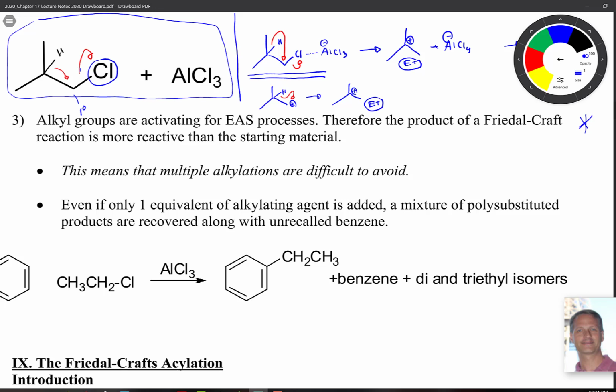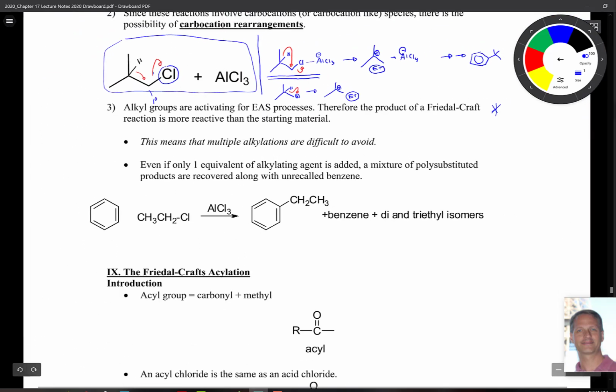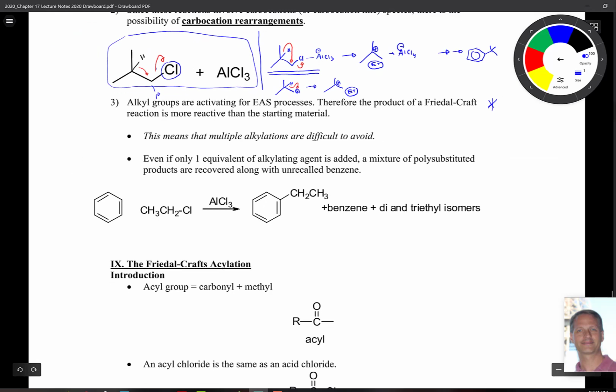So we know that that's the case. Therefore, the product of these Friedel-Crafts reactions is more reactive than the starting material. So the end result is that multiple alkylations are difficult to avoid in a laboratory setting. What we typically do is draw out the monoalkylated products, though. That tends to be the pattern that you see in organic chemistry at the sophomore level, essentially.